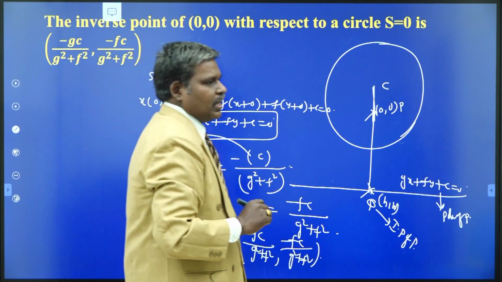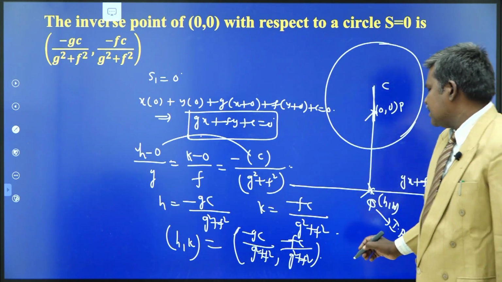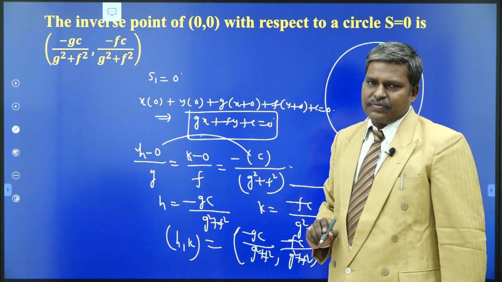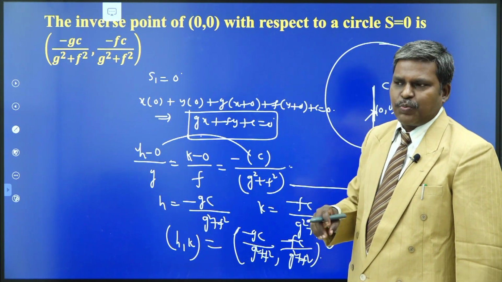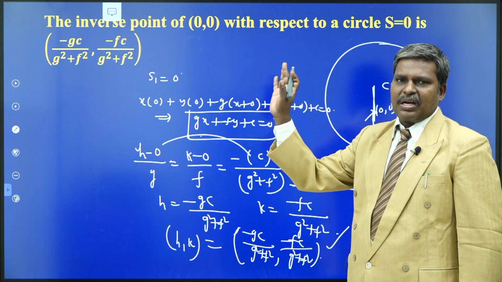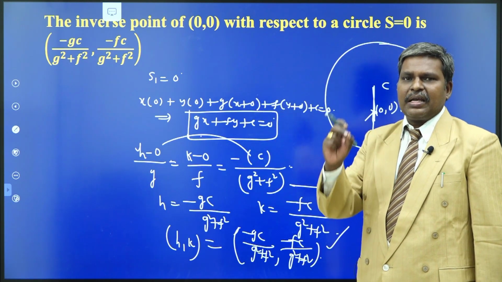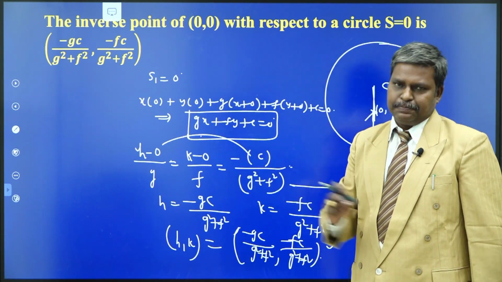In this manner we can achieve the inverse point of origin with respect to the circle as (−gc/(g² + f²), −fc/(g² + f²)). If some general point and general circle is given to you, how to find the inverse point? You just write the polar of that point with respect to the circle, and find the foot of perpendicular from that point or center to this polar.